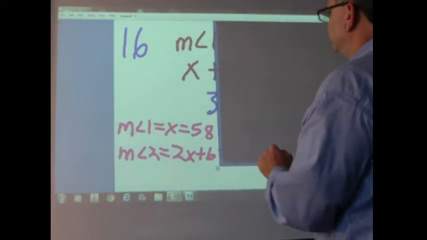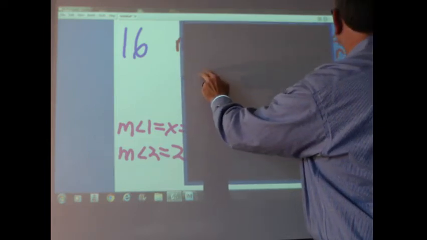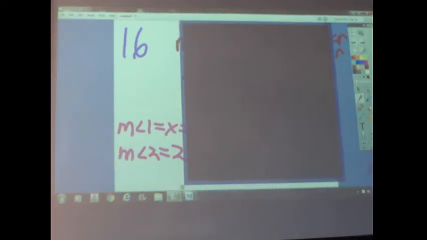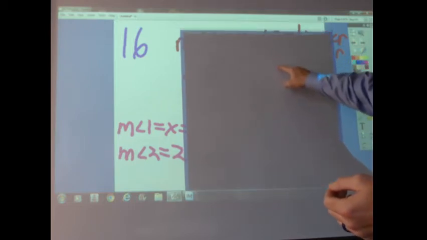Cover most of this up. On number 16, the measures of angles 1 and 2 form a linear pair. The measure of 2 is 6 more than twice the measure of 1.